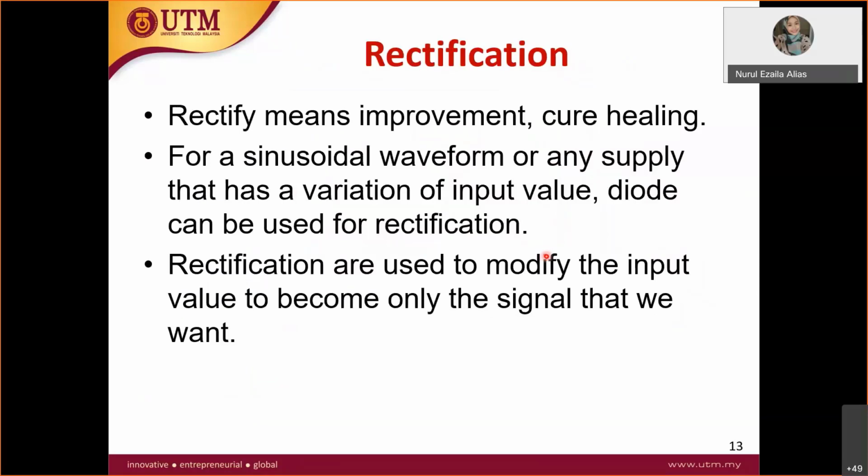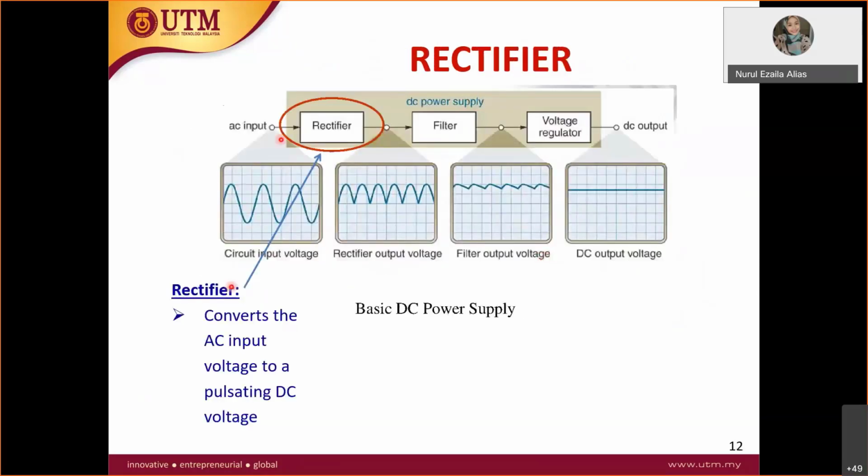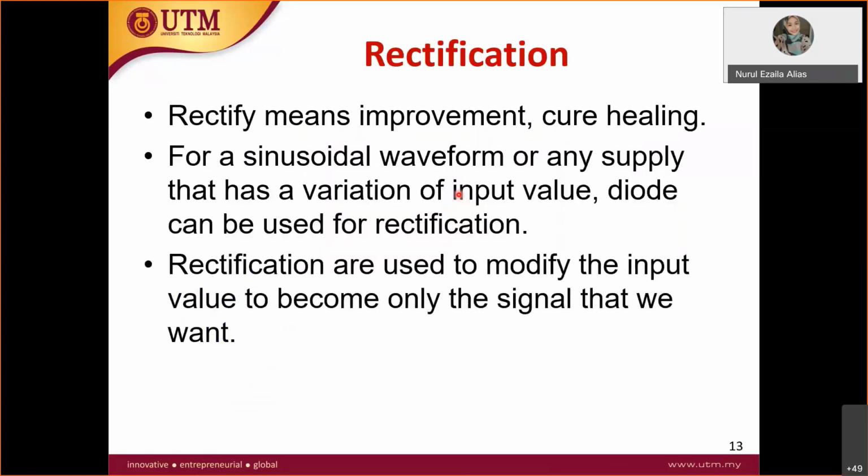Okay, so rectifier. What is a rectifier? From AC, you will get a pulsating voltage like this. No more negative, all become pulsating. Rectification means improvement or cure. For a sinusoidal waveform or any supply that has a variation of input, we can use a diode to rectify the signal.